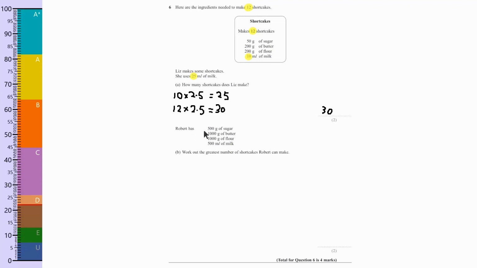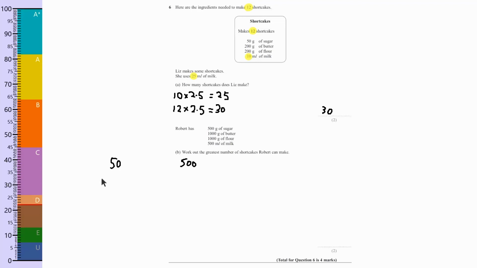Okay, let's have a look at this next question. Robert has 500 grams of sugar, 1000 grams of butter, 1000 grams of flour, and 500 millilitres of milk. So let's compare these. He's got 500, and there are 50 needed in the recipe for sugar.